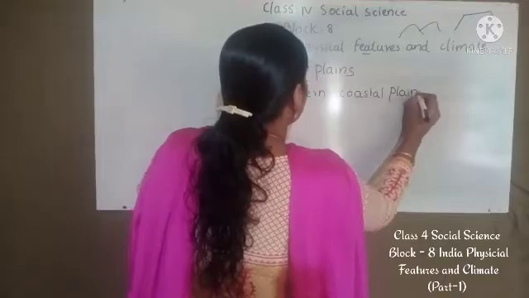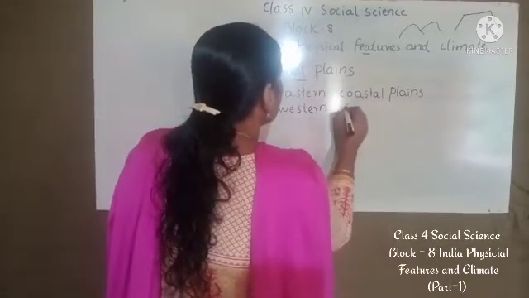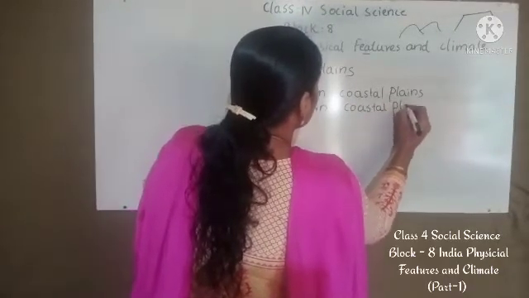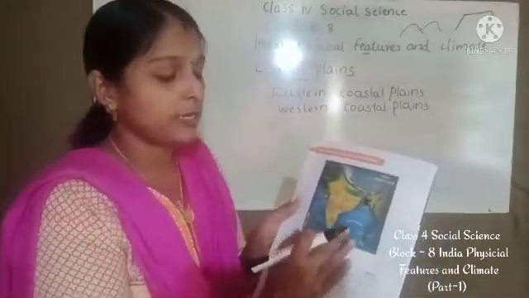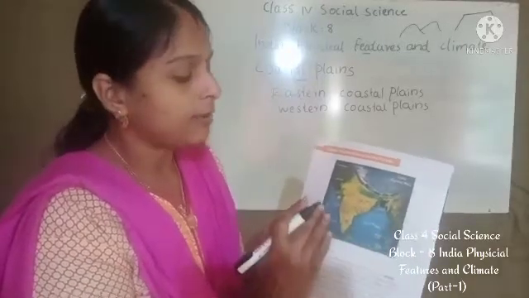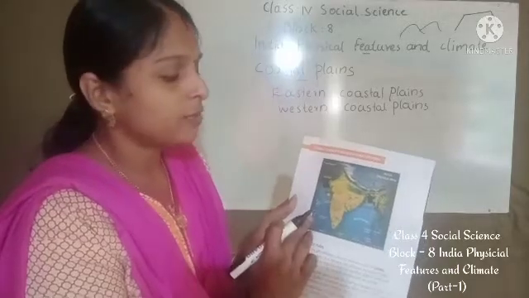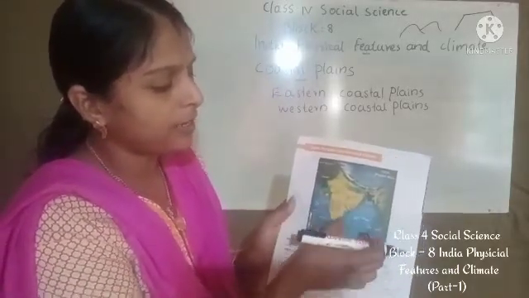Eastern coastal plains are near the Bay of Bengal, and western coastal plains are near the Arabian Sea.